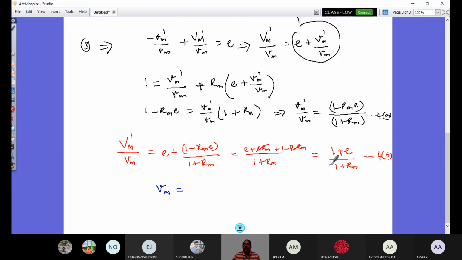In terms of capital Vm dash, it becomes Vm dash into 1 plus Rm by 1 plus E. And I can again rewrite this as Rm by 1 plus E into root of 2gh, because capital Vm dash is root of 2gh. This is equation number 5.